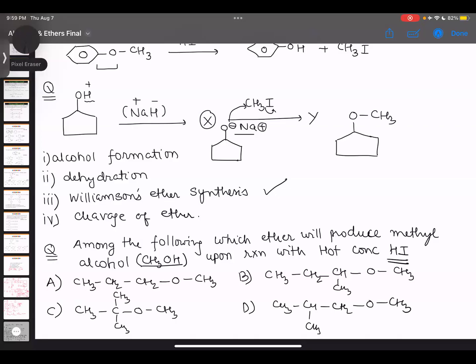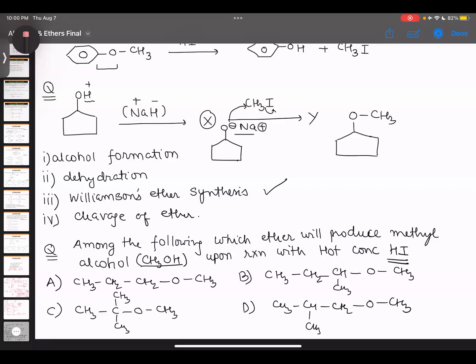Yeah, with hot concentrated HI. Will produce CH3OH. Means the oxygen is going to go with the CH3. Normally, these reactions are SN2. The I minus attacks on the smaller alkyl group CH3 because it is SN2.